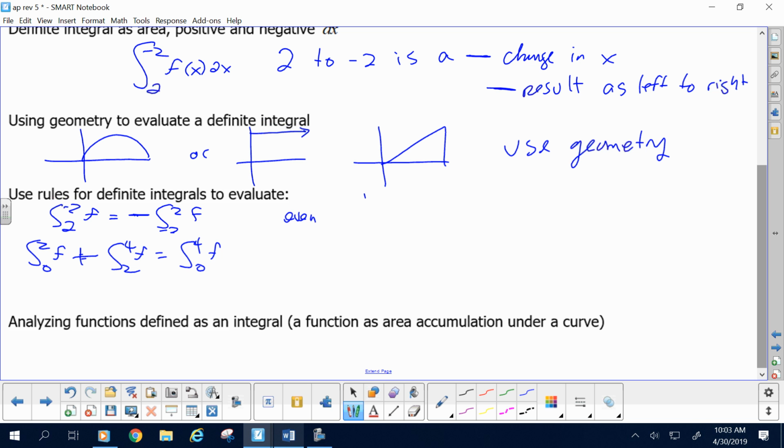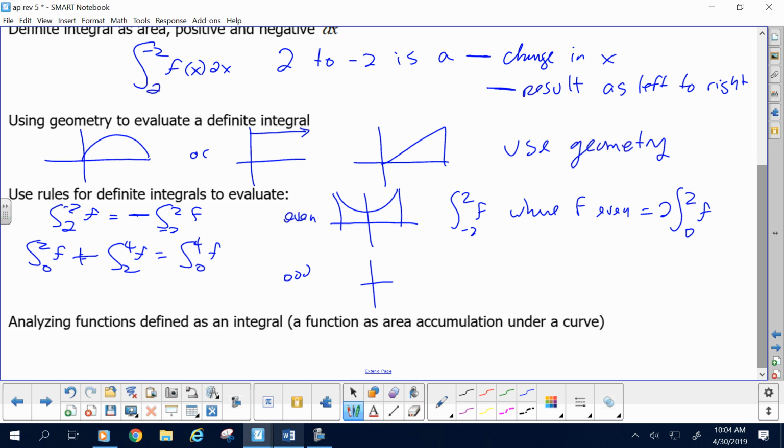Even functions have symmetry about the y-axis. So if you said the integral from negative 2 to 2 of f, where f is even, then it's equivalent to 2 times the area from 0 to 2, right? Whereas if you had odd, there's symmetry about the origin.